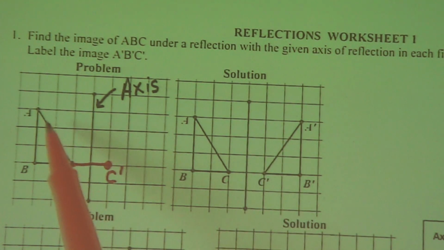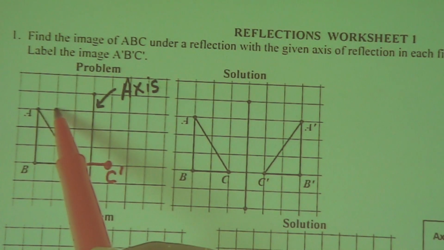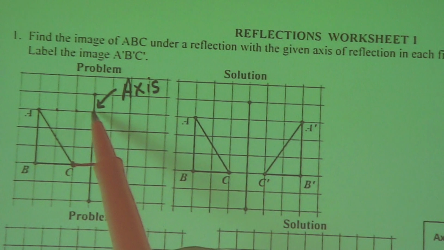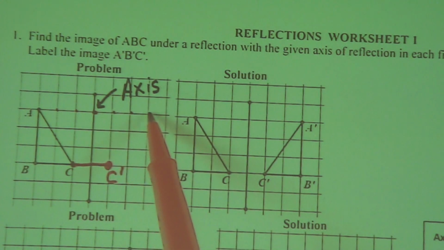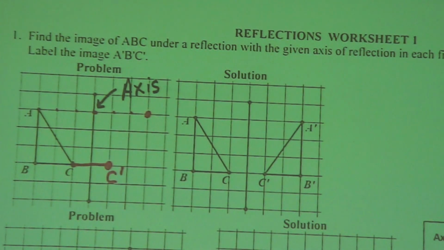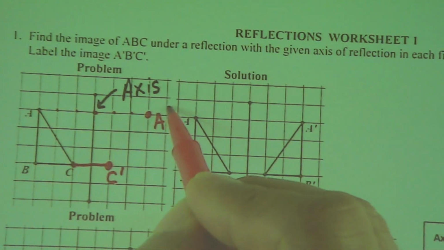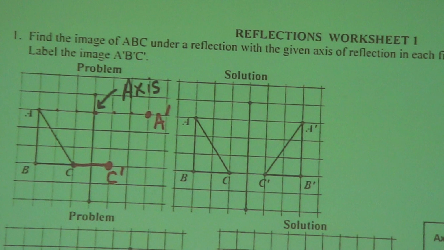Let us go to A. If you're standing at A, 1, 2, 3 feet from the mirror, your image will be 1, 2, 3 on the opposite side. So that is going to be A prime. B, 1, 2, 3. Starting from here, 1, 2, 3.